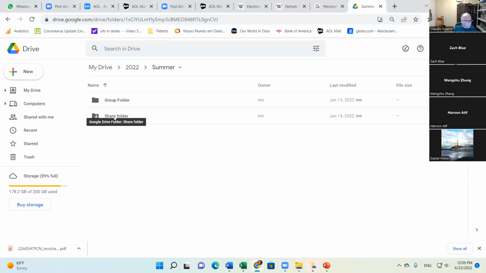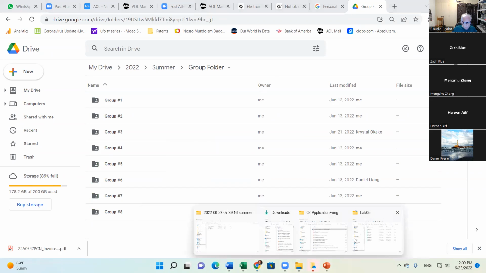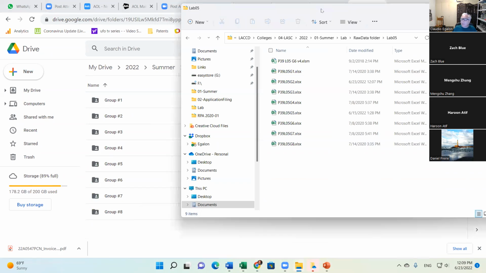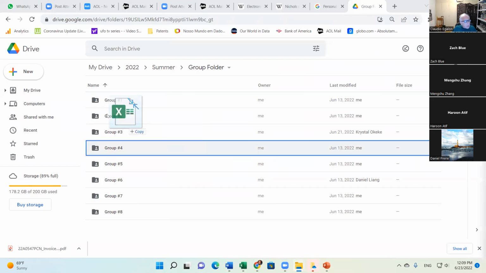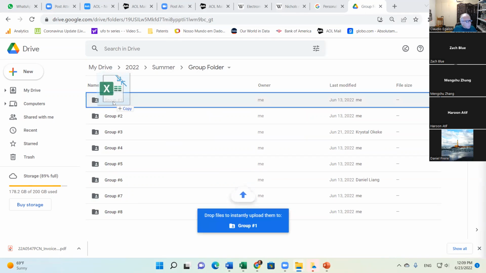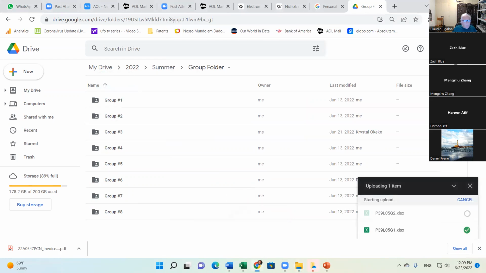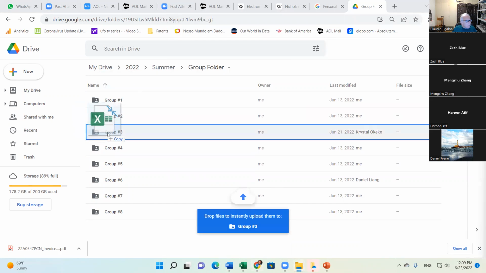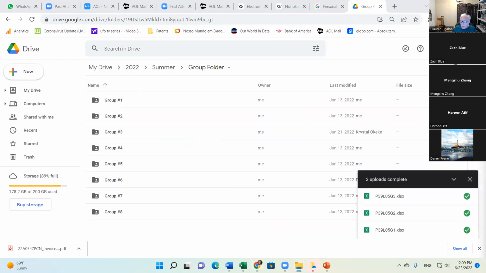Summer group folder. Please renumber it to lab number 3. I'm uploading it as lab number 5. Number 3. Let's make sure, before I upload that, that everything is right here.